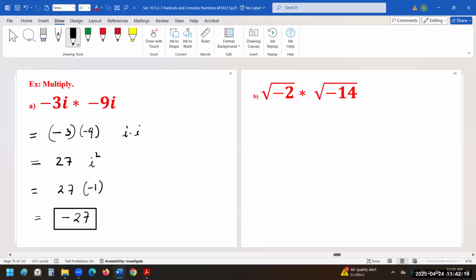In the next example, do you see i? No. But you do know that these two numbers are imaginary numbers. None of them are real, right?